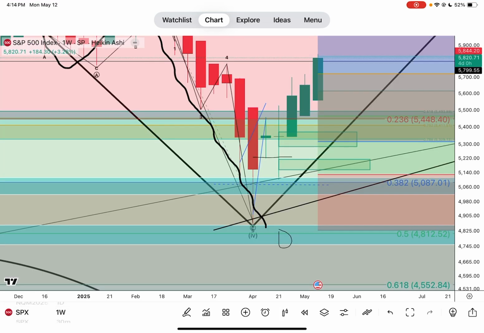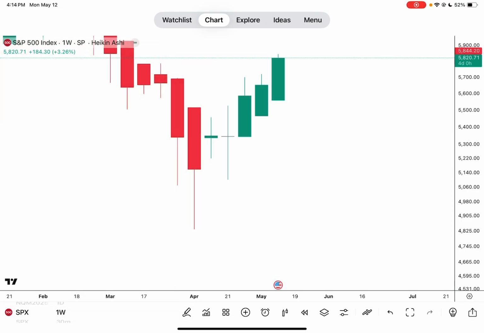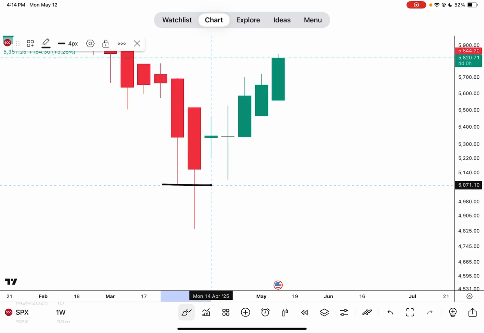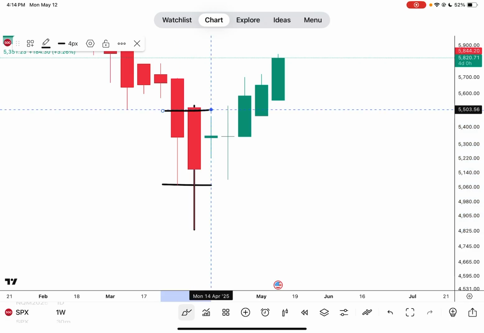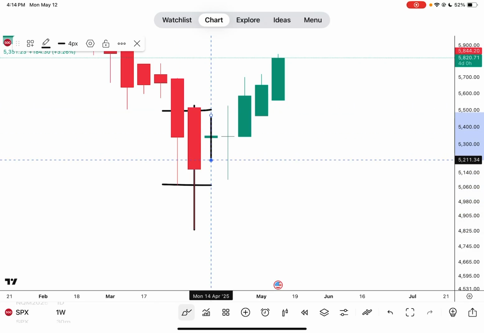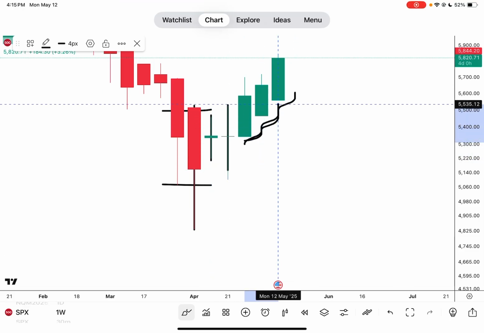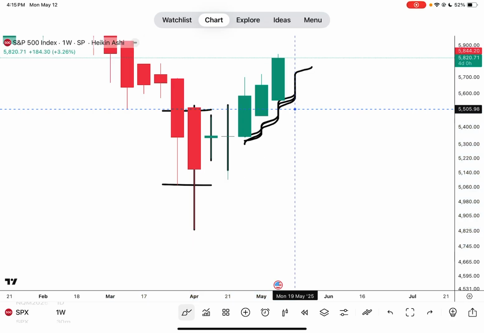If we delete everything on this chart, you can see we pierced the low of the previous week, and then you close back up over 50% of the previous trading week's range. Then you have a doji, another doji, and then continuation, or three white soldiers. So this is a three white soldiers candlestick pattern on the Heikin-Ashi chart in a classic V-shaped recovery. But yeah, that's the S&P.